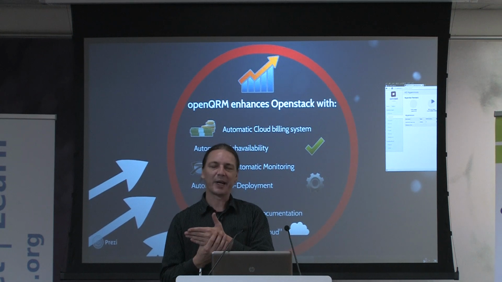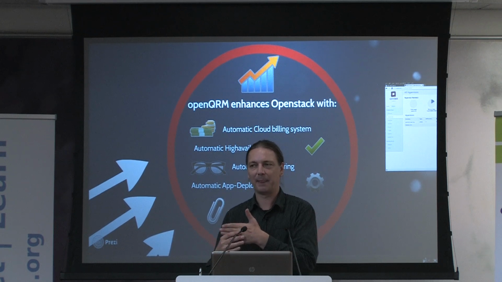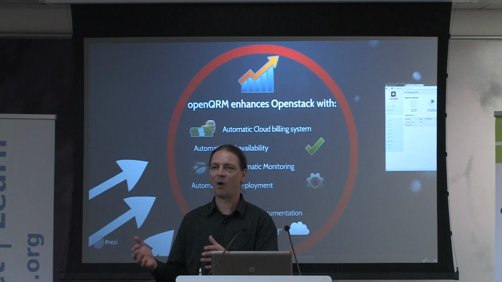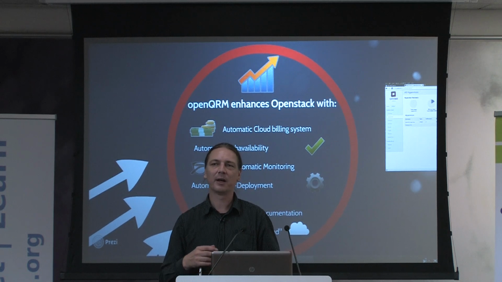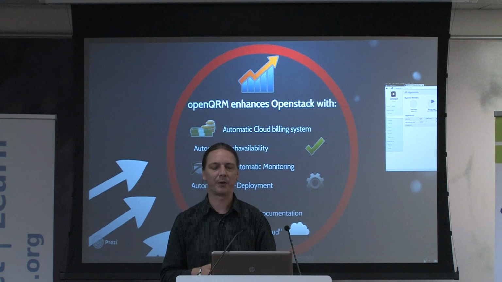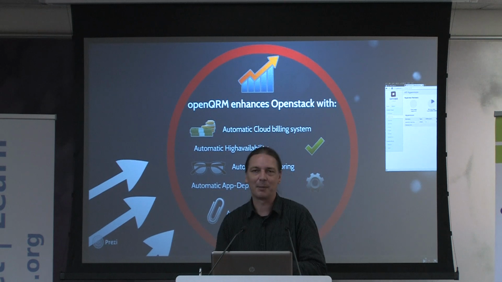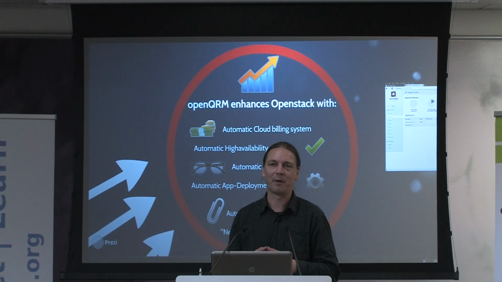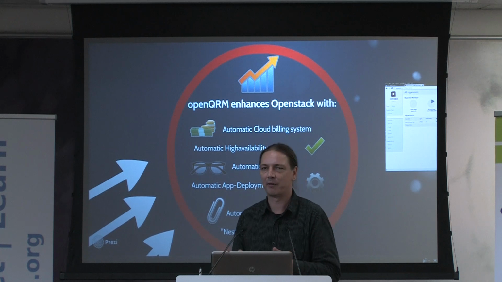So we can have a nested multi-cloud, which is kind of cool because you can combine all those different providers inside one cloud portal and have one generic overview of all your virtual machine deployments for your end users. That means they can choose if they want to run an OpenStack virtual machine, a public virtual machine on Amazon, or a local virtual machine in your data center on a KVM or a VMware host.